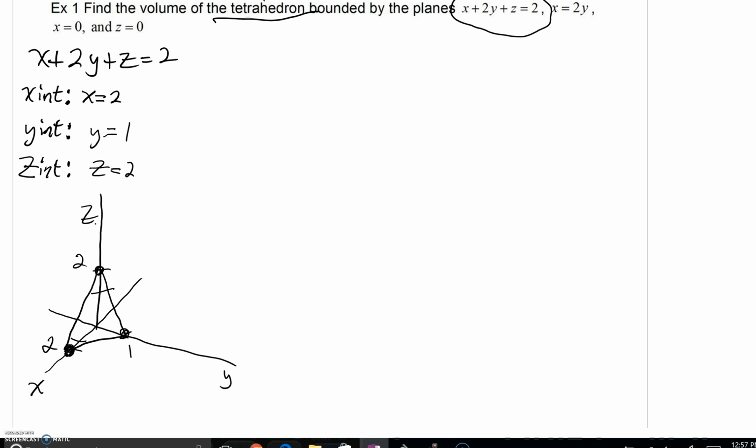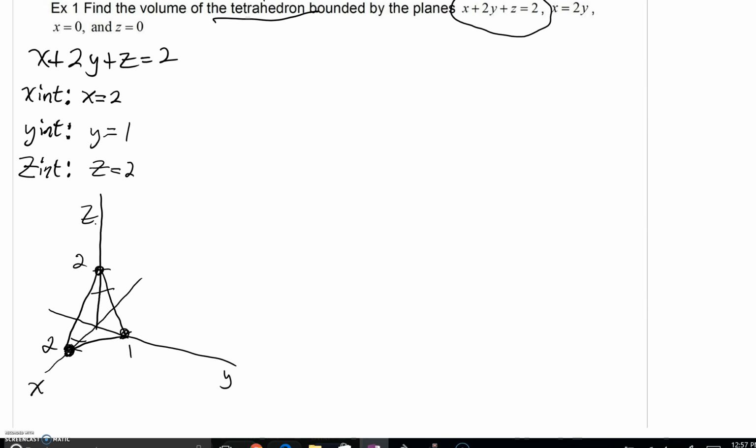Imagine that this little triangle here is just a little cutout of a full piece of paper, so to speak. It's as if we build this massive giant ramp going off on this, and that triangle happens to be a part of it. Well, that's part of your tetrahedron.